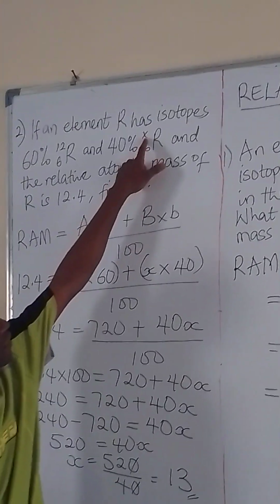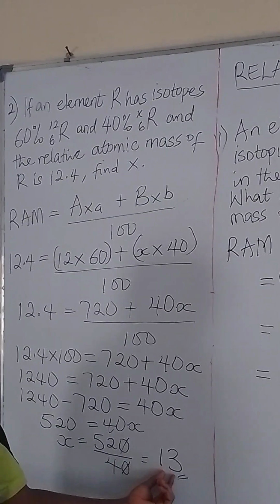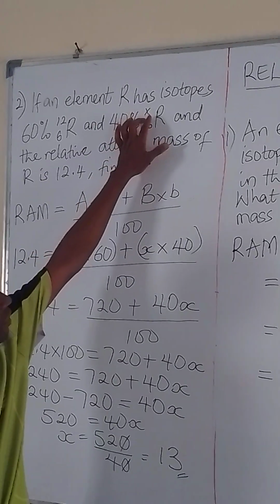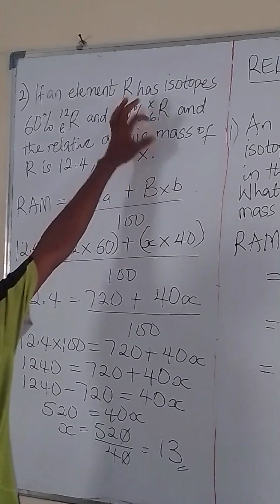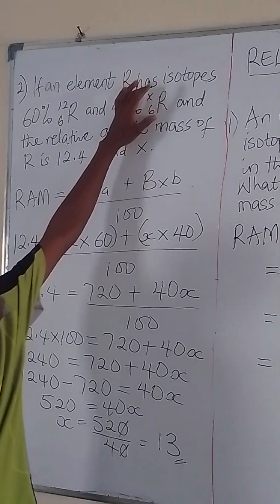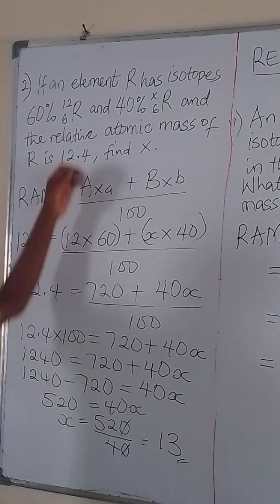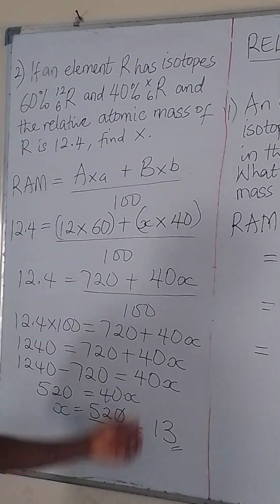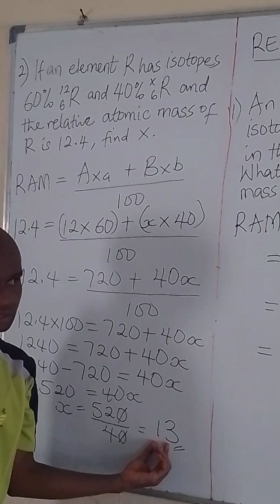Therefore, the value of x is 13. The mass number of the second isotope of the element R is 13.